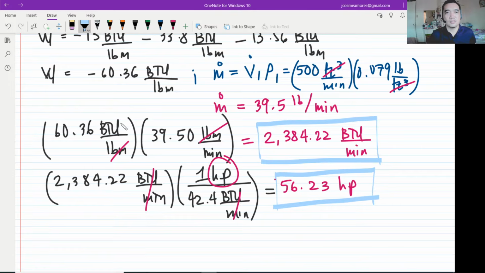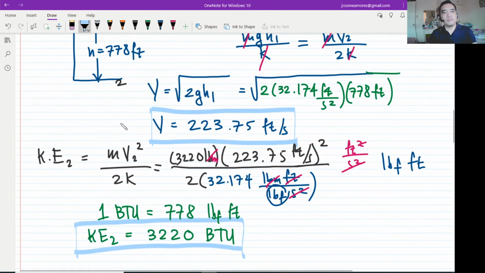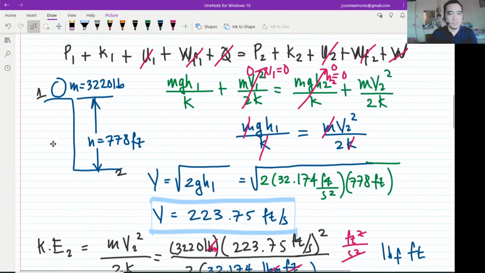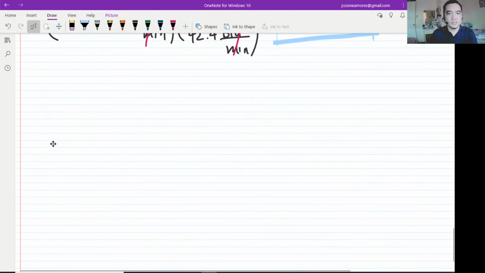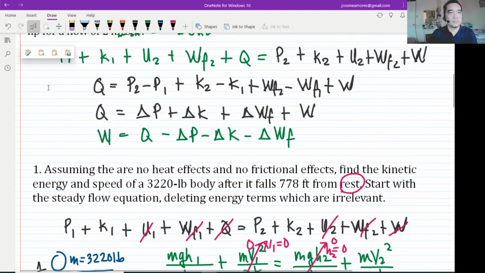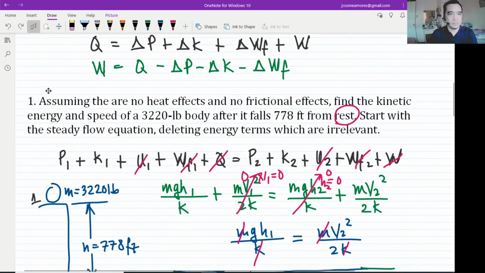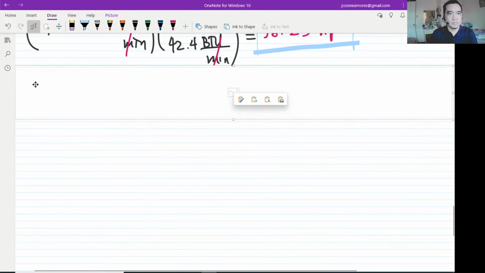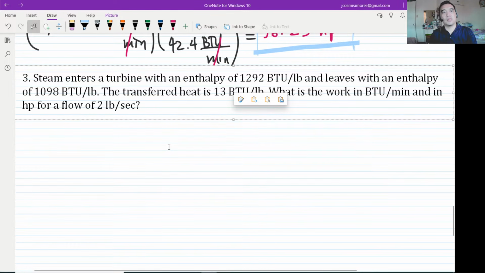Okay, so last problem for the English system for conservation of energy. Problem number 3. This is a simpler problem than the previous problem.